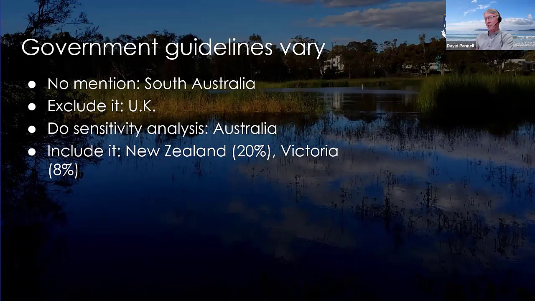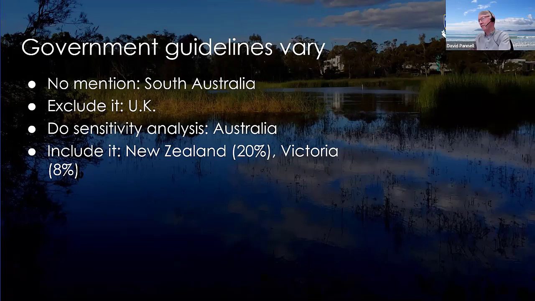Interestingly, government guidelines vary quite a bit. So I notice that in South Australia, the guidelines don't mention it at all. In the UK, the government guidelines say do not include it on the basis that it won't change the amount of tax that's collected. In Australia, the most common response is along the lines of, well, it seems we don't really know.